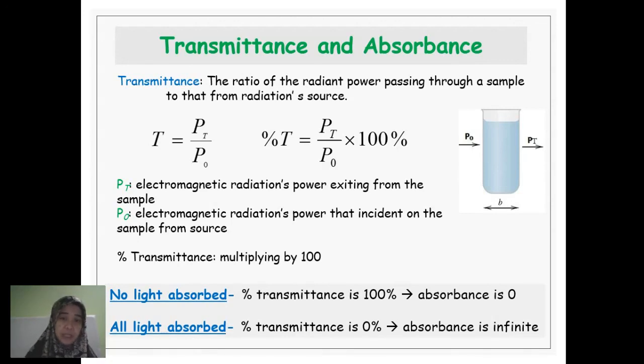If no light is absorbed by the sample, the transmittance is 100%, and the absorbance will be 0. However, when the sample absorbs everything, the transmittance is 0 and the absorbance is infinite.